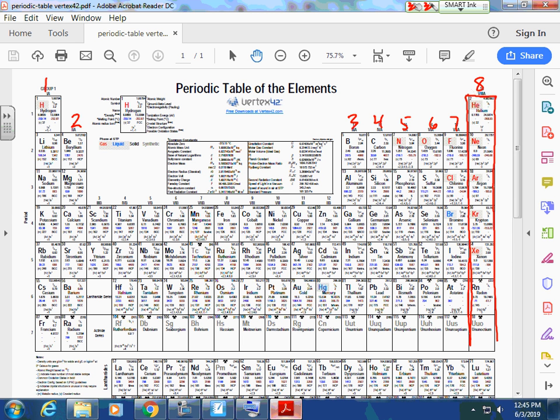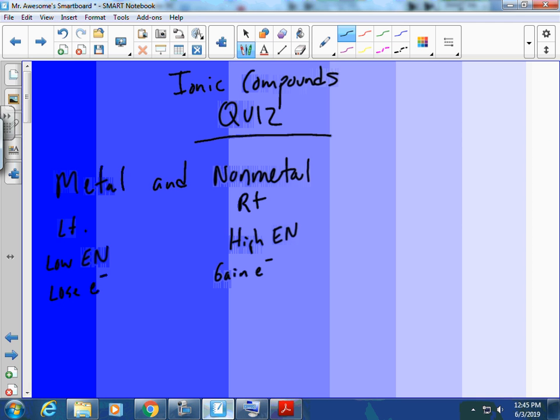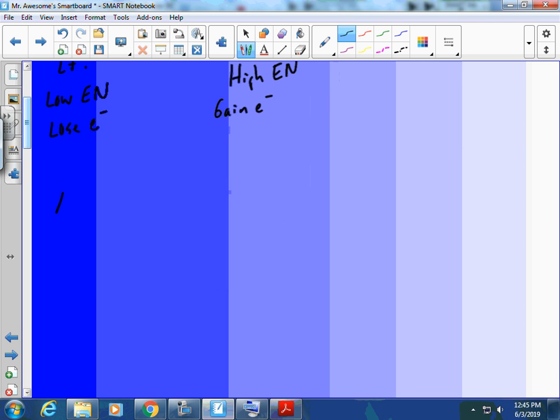So here's what happens. They will either gain enough electrons to get like group 8. So we know that the group number is equal to the number of valence electrons, right? I should write that real quick. So A group number, sometimes they call them the tall groups, the A groups, is the number of valence electrons.